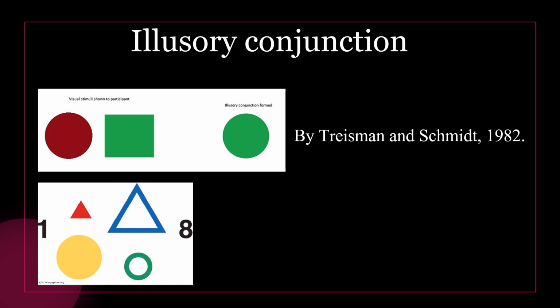They then forced the participants to divide their attention between identifying the black numbers and identifying the shapes. They discovered that some participants started mixing the shapes and the colors and reported seeing shapes that were not there.